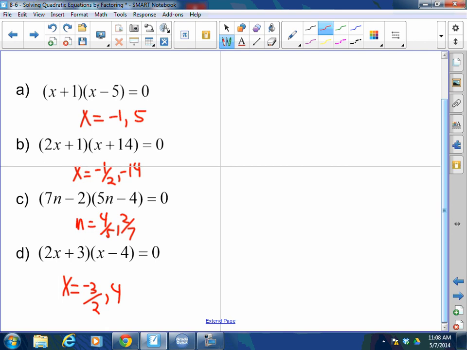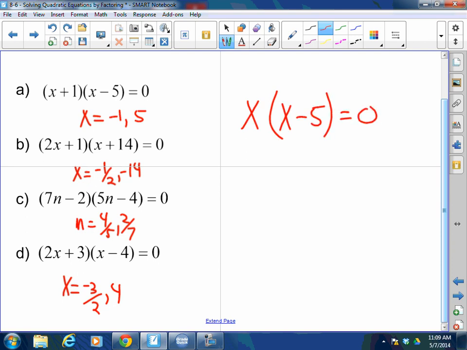So once you have factored the trinomial and you are left with two binomials, or monomials, depending on what you have, set each one equal to 0. For example, what if I told you that this was my factored form?